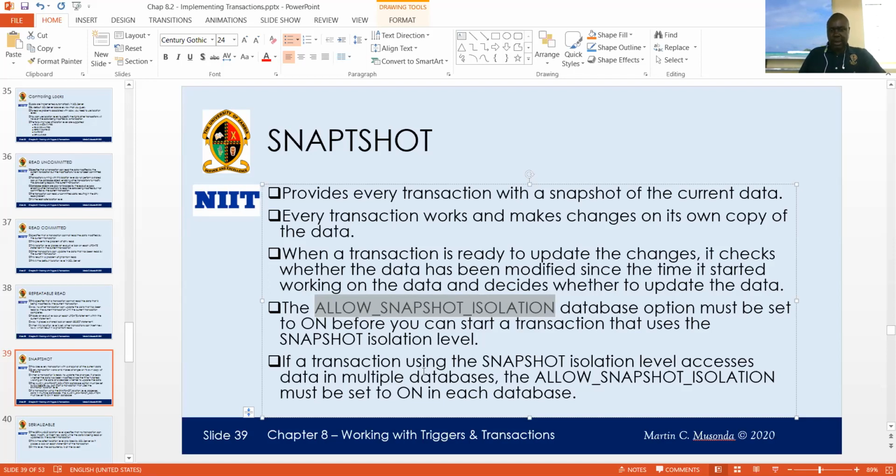If a transaction using the snapshot isolation level accesses data in multiple databases, the allow snapshot isolation must be set on in each database. Okay. So this is a case where you are doing data stored in more than one database. In such a case, definitely this must be set on.